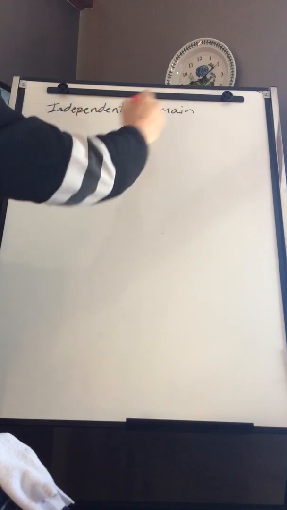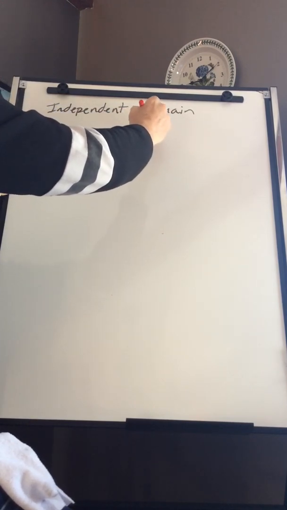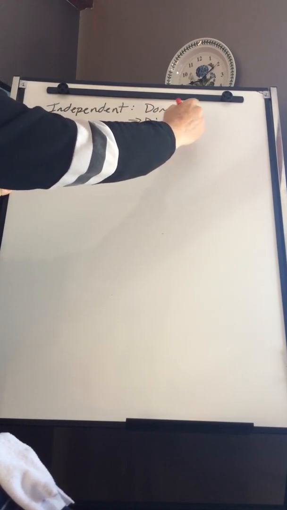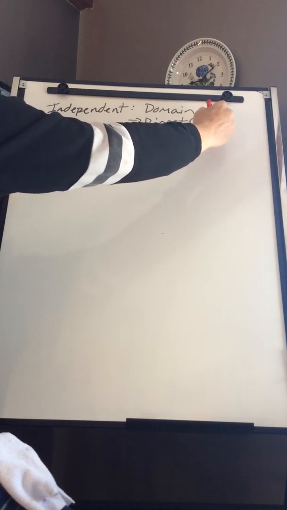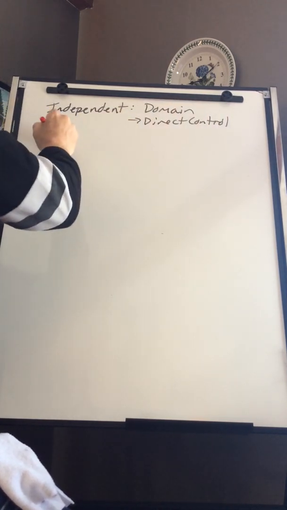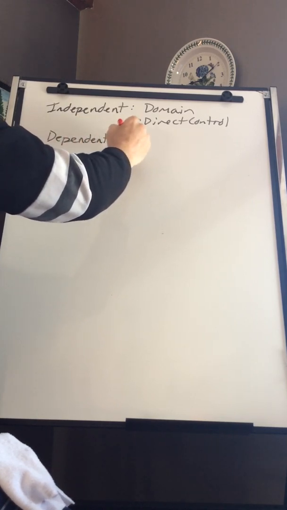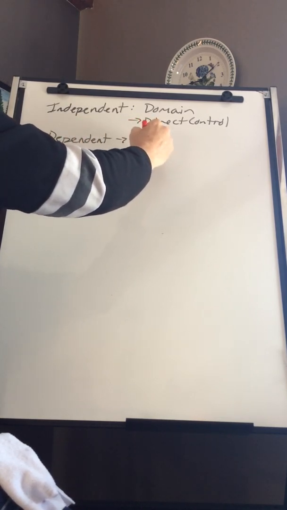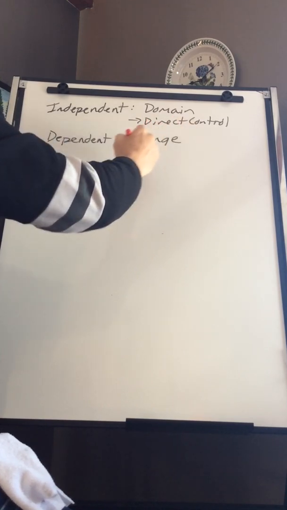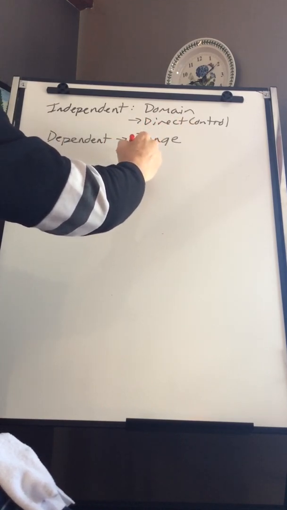Okay. I also have direct control. Dependent is a range. The independent controls it.